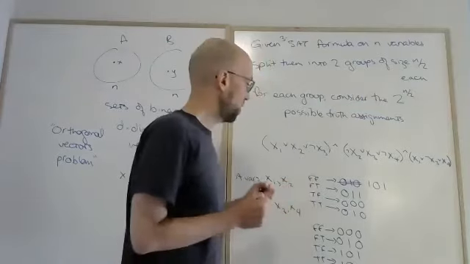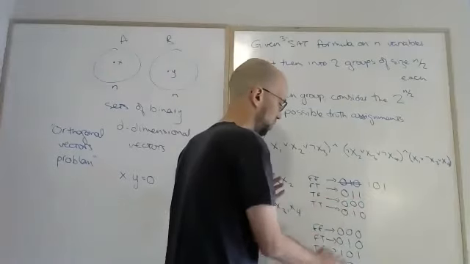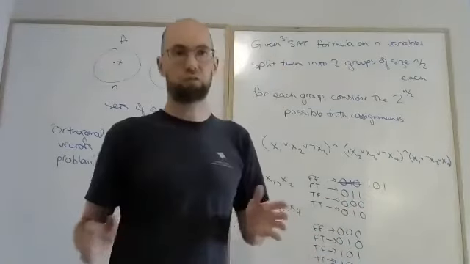So now what I can do is say, ignore these two all 0 vectors, which are screwing everything up.